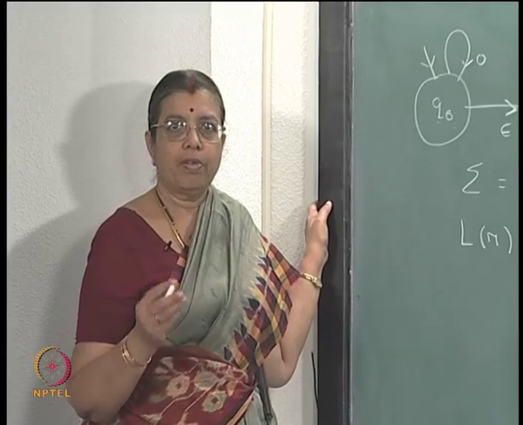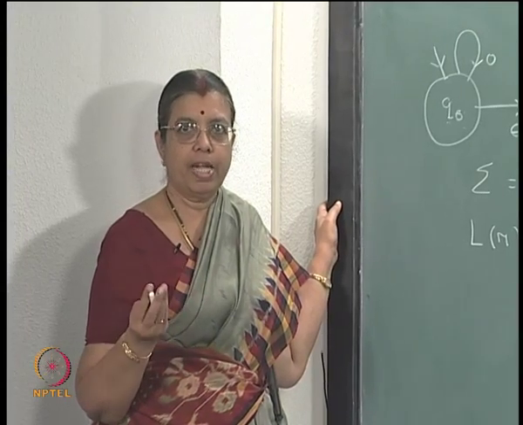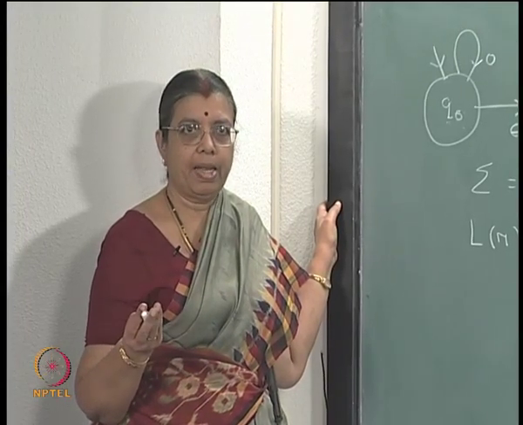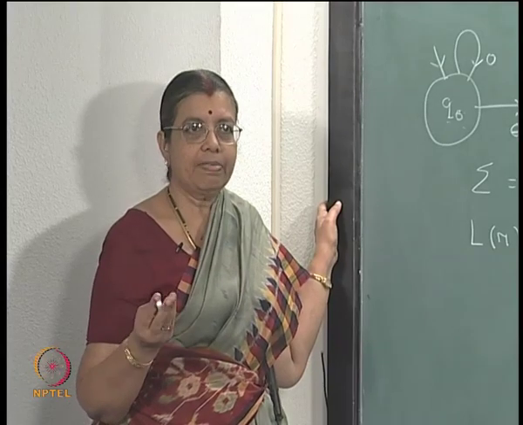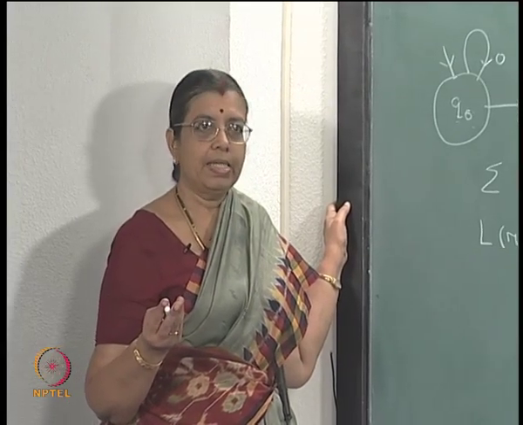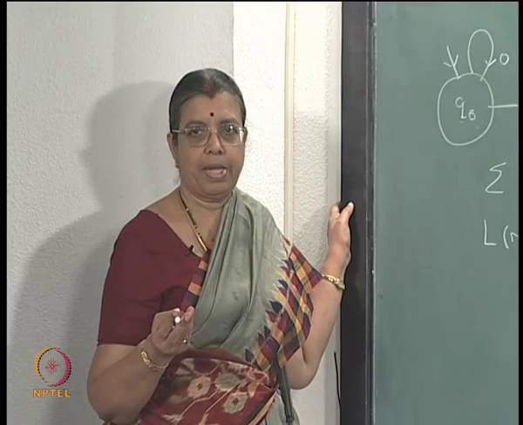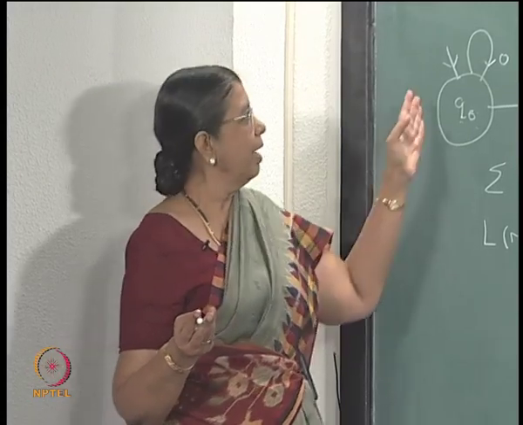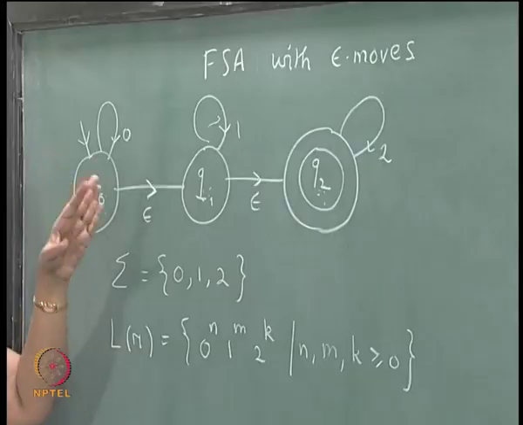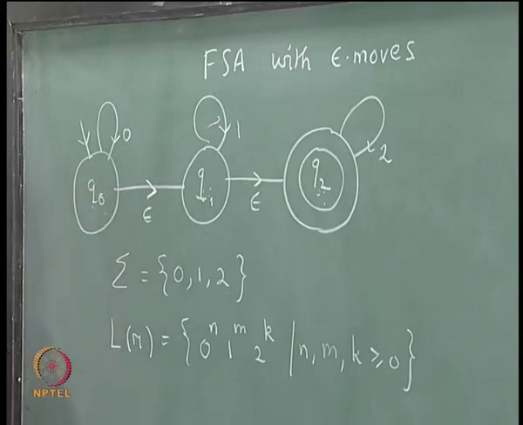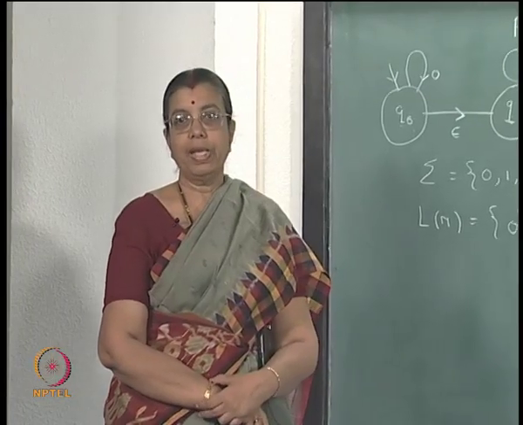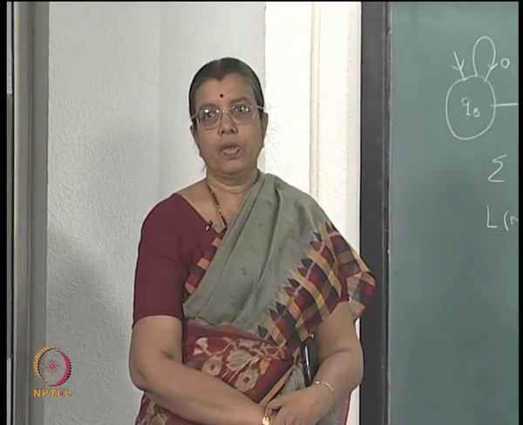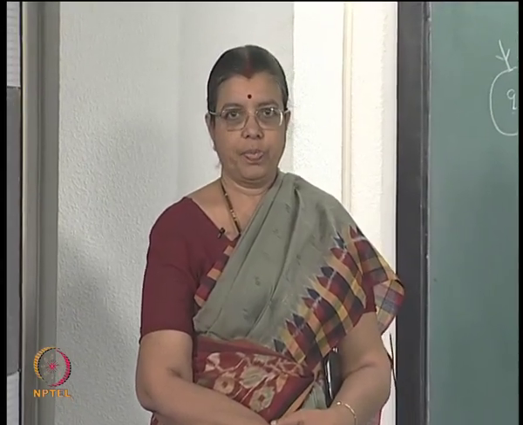You can go from one state to another state without reading any symbol. Adding these facilities, does it increase the power of the automaton? Here there is only one arc with 0, you may have another arc with 0 also, so basically the diagram is non-deterministic in nature. Apart from being non-deterministic in nature, you also allow epsilon moves.